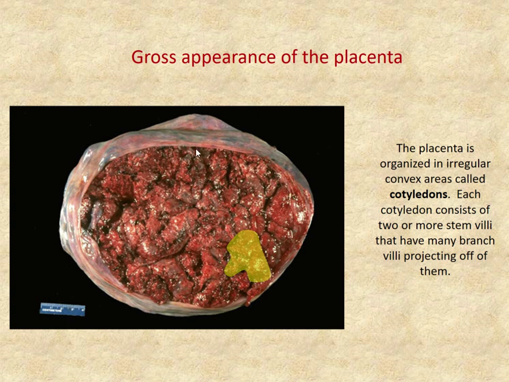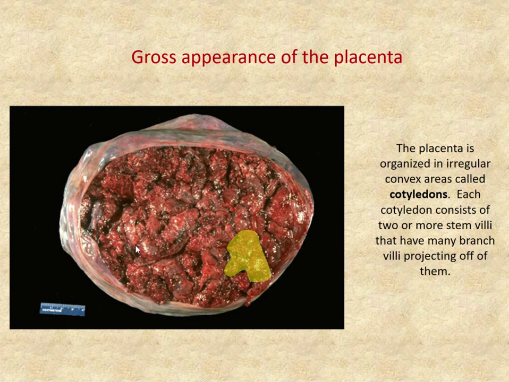So grossly, when you're looking at the placenta, this is what the mom's side of the placenta looks like, the side that's adjacent to the uterus. There are placental septa, made up by parts of the decidua basalis, and these septa make the villi that are coming from the chorion, from the fetus, branch into these irregular septations called cotyledons.